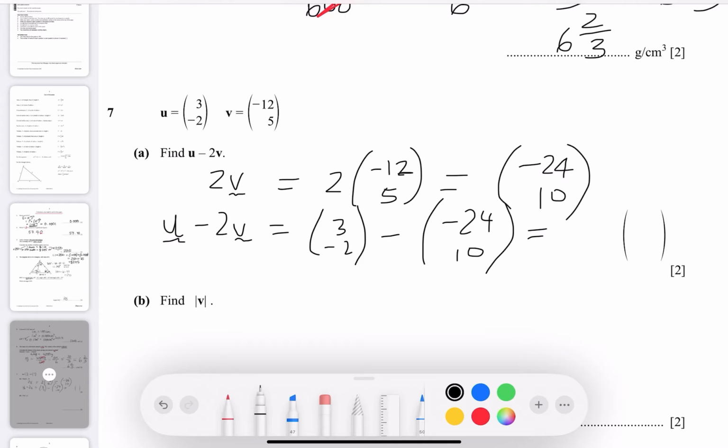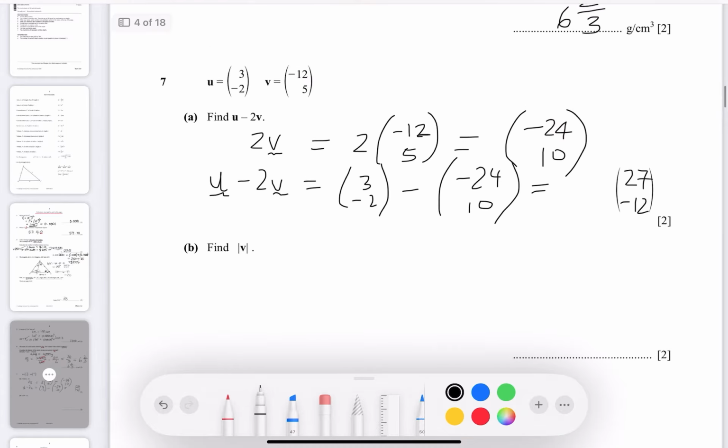So first the top, so 3 minus negative 24. Remember, 2 minuses make a plus, so this is 3 plus 24. So then it's 27 on the top, and on the bottom it's negative 2 minus 10, which is just minus 12. And that's our answer for that one. 27, minus 12.